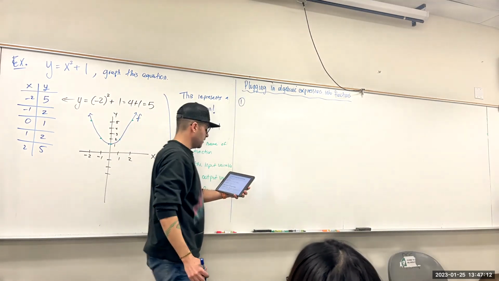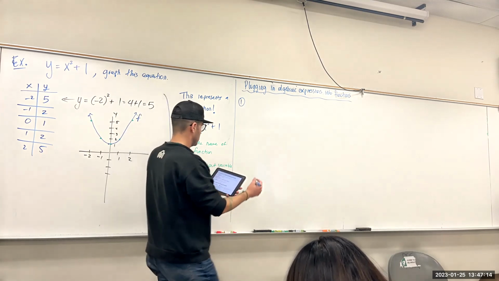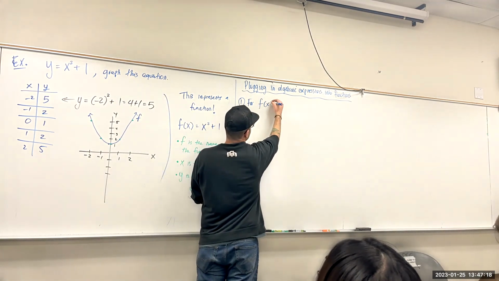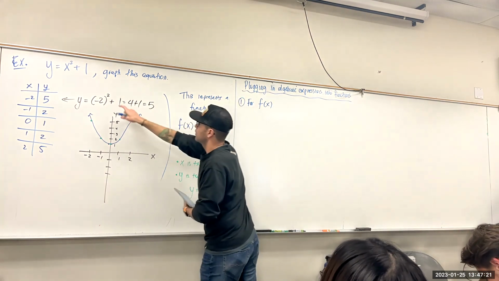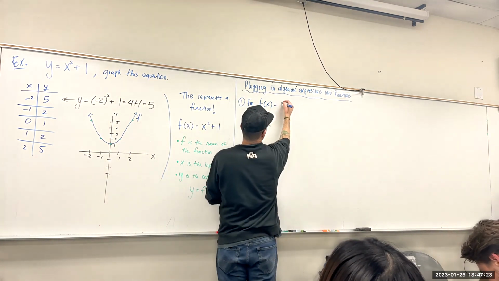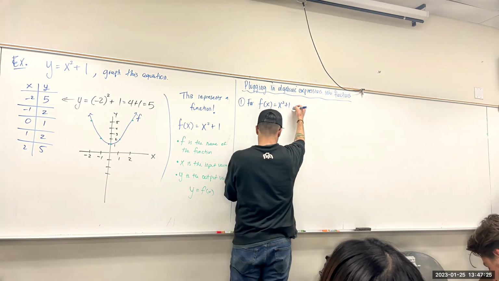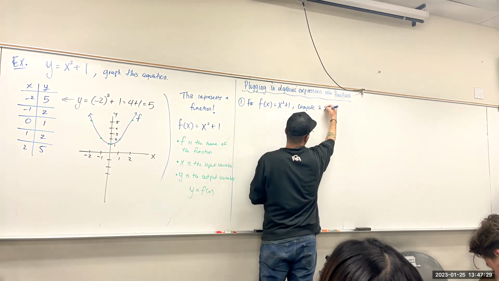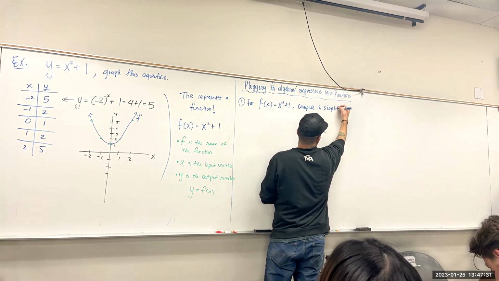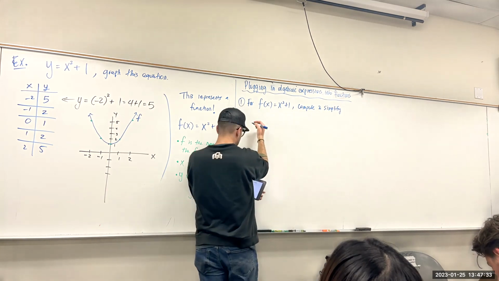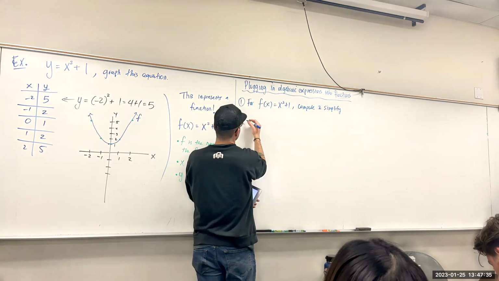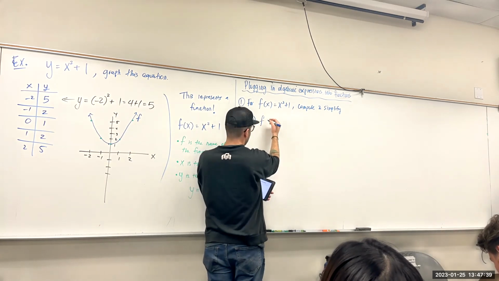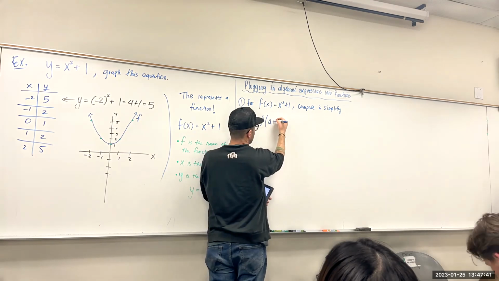Let's do the first one here. So for the function x squared plus 1, compute and simplify. And the homework will say something like this. Let's call this A. F of, you're going to plug in the expression a plus 1.